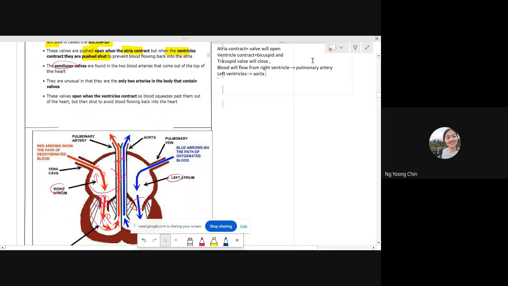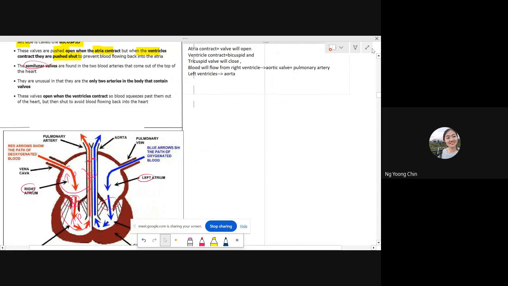That's why the aortic valve needs to open. This is the aortic valve, and this is the pulmonary valve.